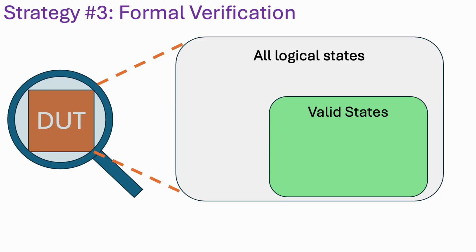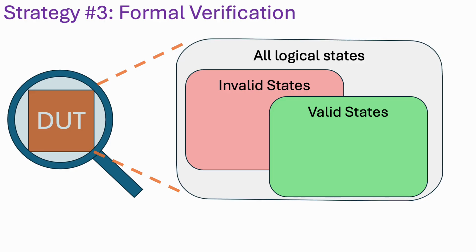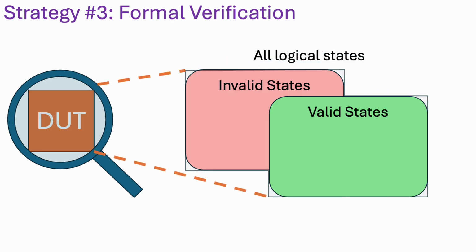And then you make some assumptions and assertions that will define what you consider a valid state and an invalid state. The idea is you slowly whittle down all logical states to be constrained within only states that you've either marked as okay or invalid.